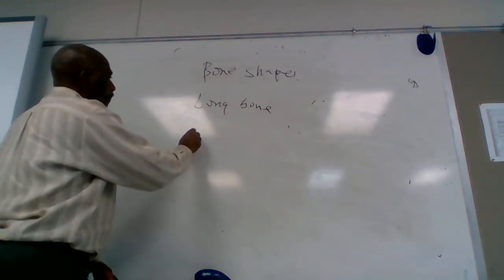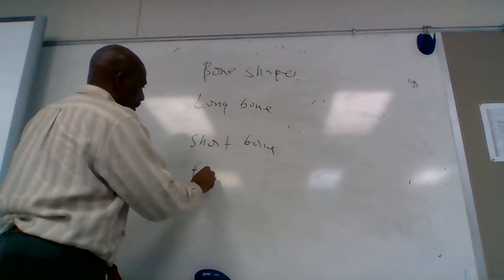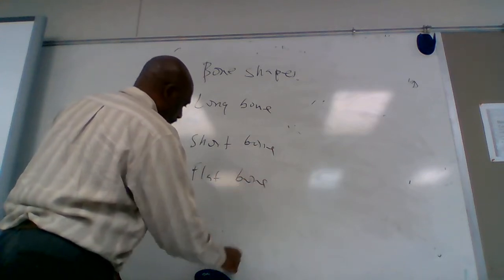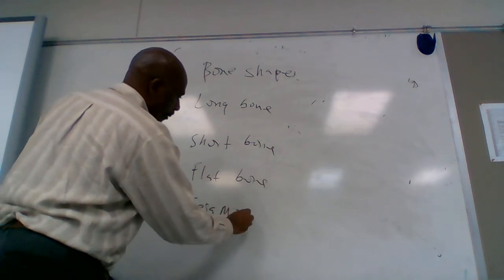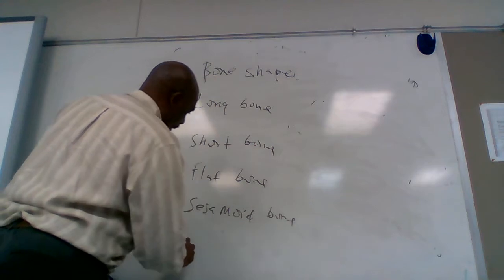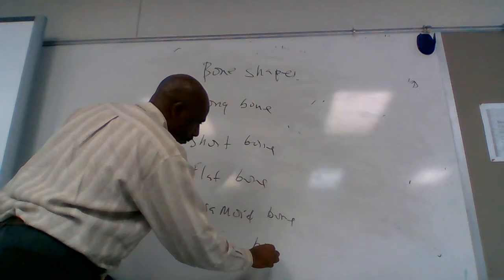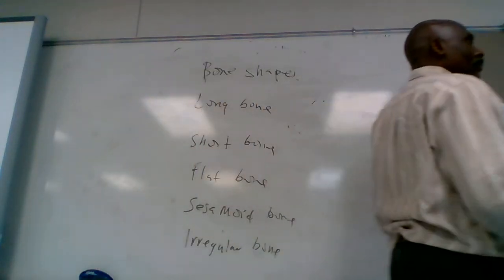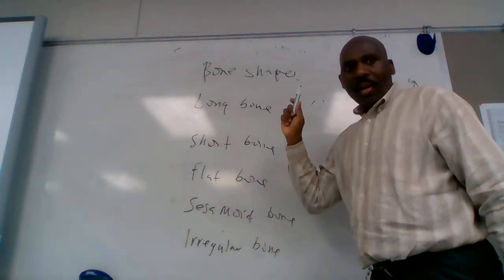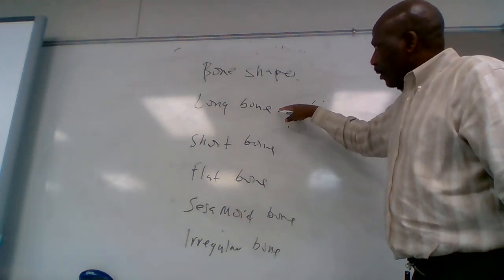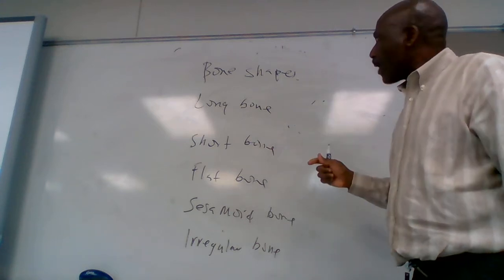Long bone, short bone, flat bone, sesamoid bone, and irregular bone. So from a shape perspective, every bone that we have in our body can be classified as a long bone, a short bone, a flat bone, a sesamoid bone, or an irregular bone. There's no exception to that.